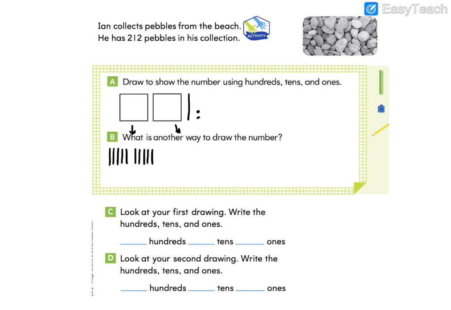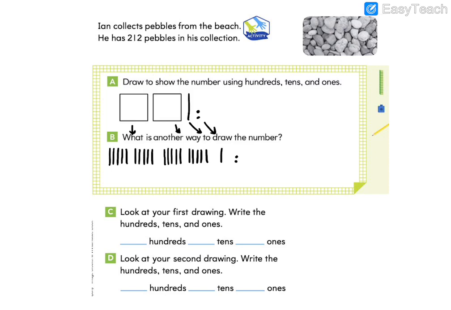Then for my second 100 slot, I will draw another 10 tens. All right, I need to bring the rest of my number down. One more 10 and 2 ones.